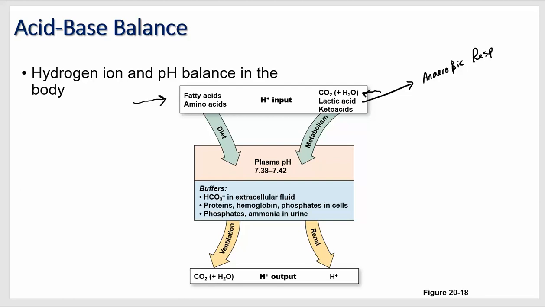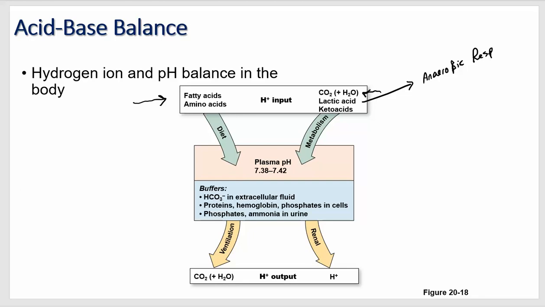Well, it also happens in things like shock. It's just because there isn't enough oxygen. Okay, so if you have a hypoxic situation somewhere in the body, or if you have just very, very low blood pressure, such as what may happen with shock, then you may again have a buildup of lactic acid.